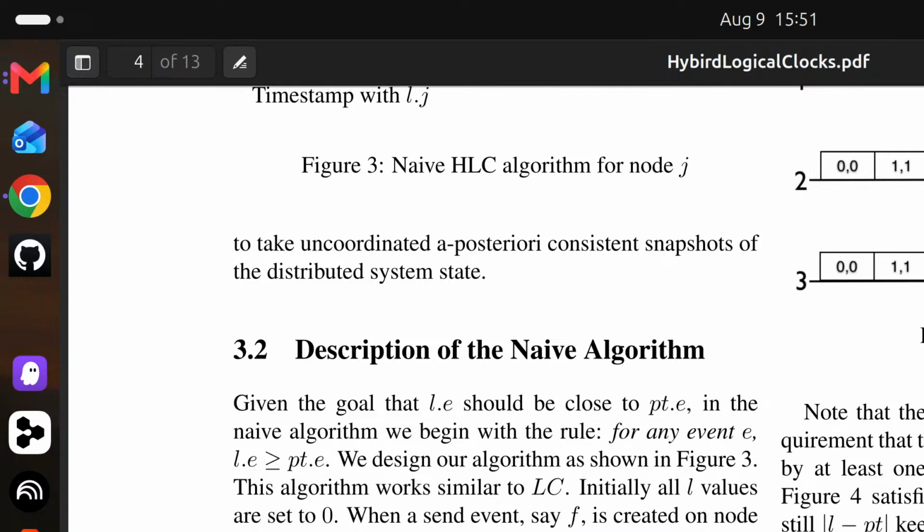This ensures that L of e is less than L of f. It also ensures that the logical time of f is greater than or equal to the physical time of f.